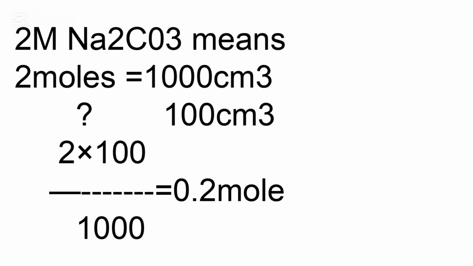Now this 100 centimeters cubed would contain how many moles? Cross multiply 2 moles times 100 divided by 1,000. That will give us 0.2 mole. So the number of moles in 100 centimeters cubed would be equivalent to 0.2 mole.